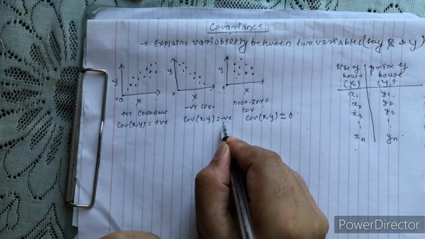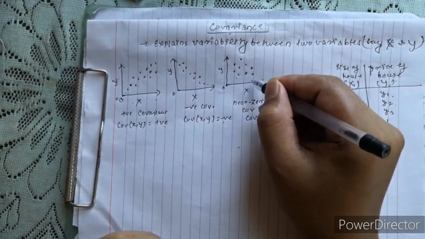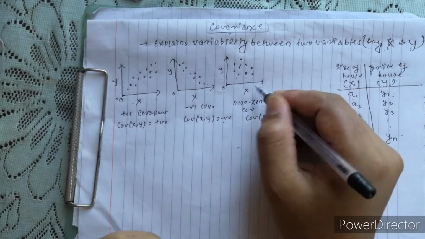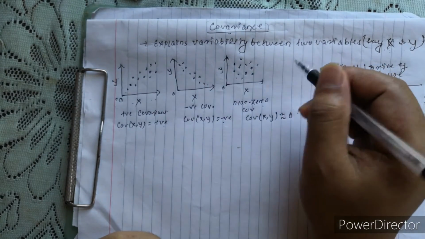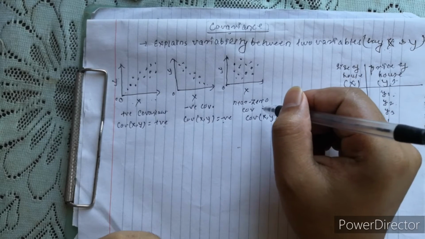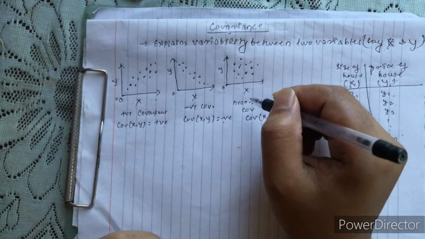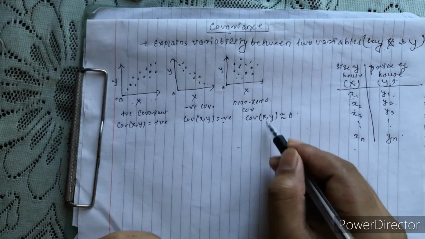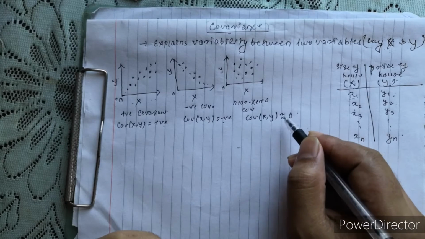And if you look into this graph, there is no relationship between x and y. If you look into these points, we can see that they have near zero covariance, because these points cannot show any relationship between the x and y variables. So covariance between x and y is near zero.